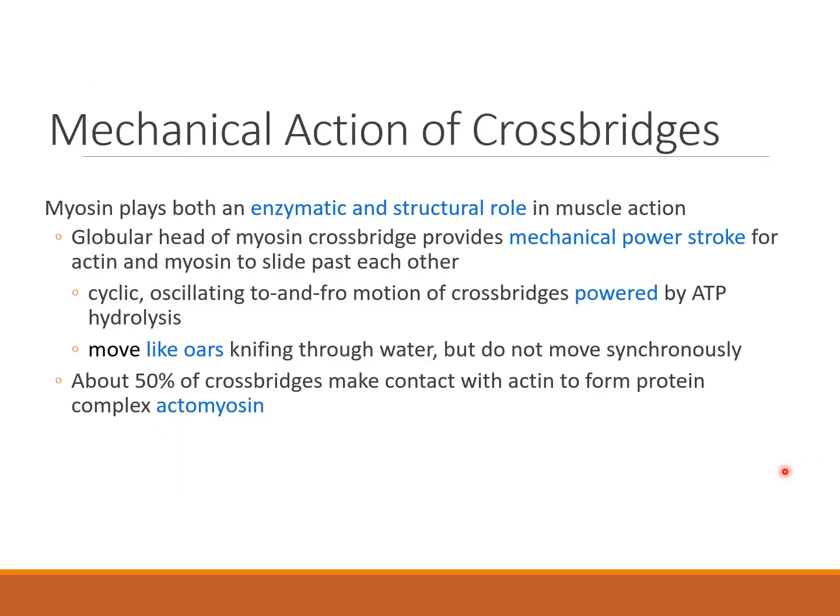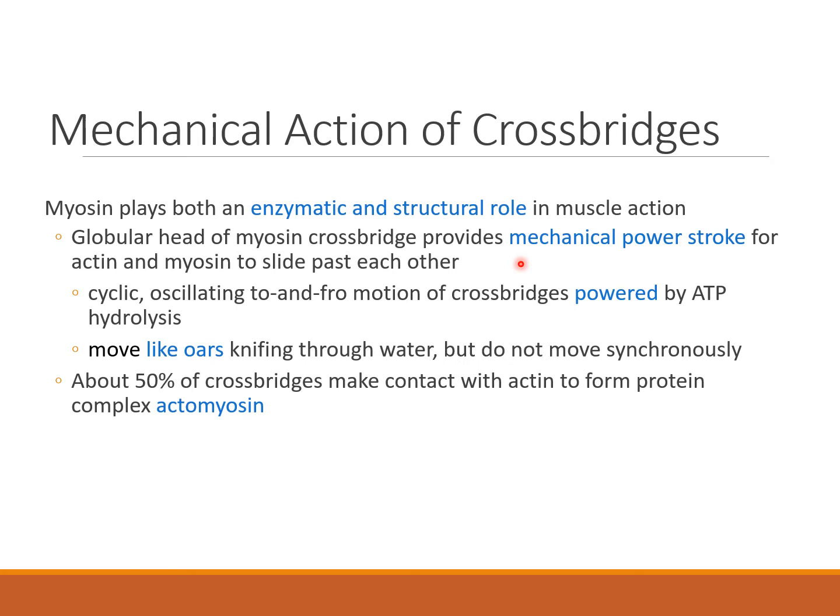Now we'll talk about the mechanical action of cross bridges. Myosin plays both an enzymatic and structural role in muscle action. The globular head cross bridges provide the mechanical power stroke for the actin and myosin to slide past each other. So it's basically just acting like an oar.